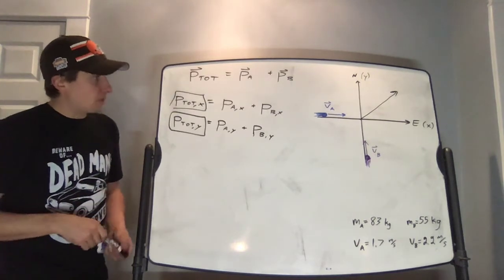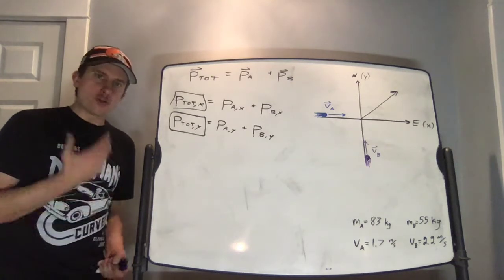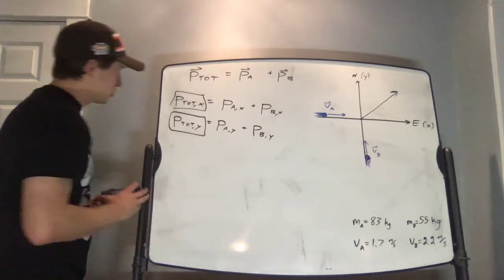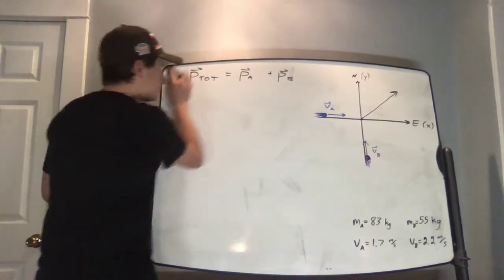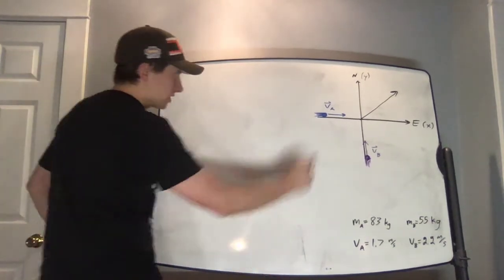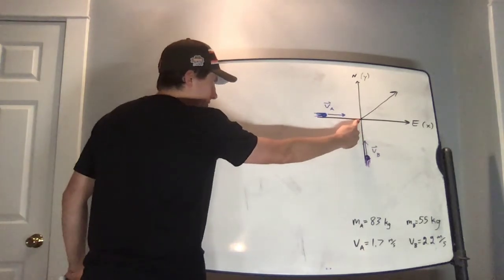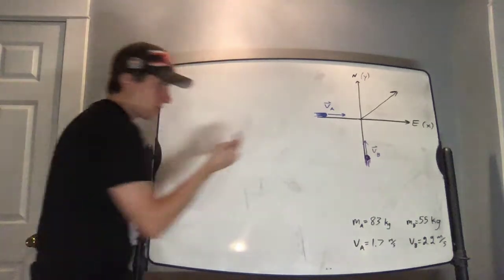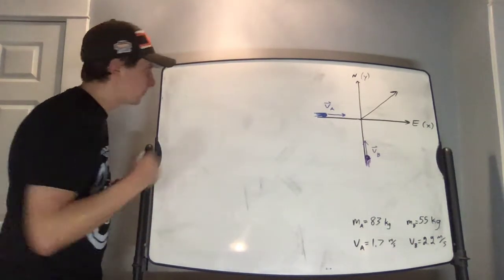So for this problem, let us first find the total momentum of the skaters before the collision. To do that, we are not going to worry about the collision which occurs here. We're going to look at Alfred's momentum before he collides. We'll look at Barbara's momentum before she collides.